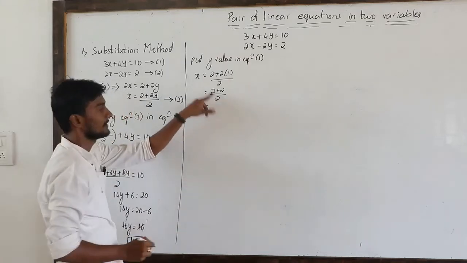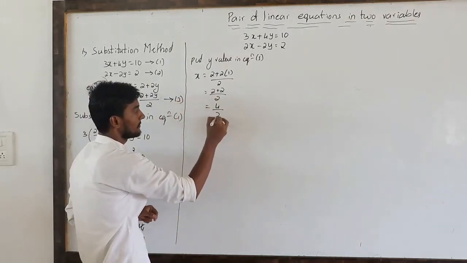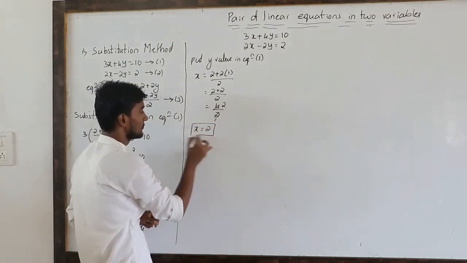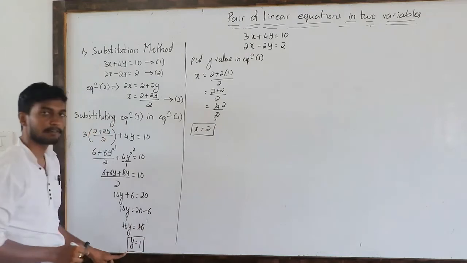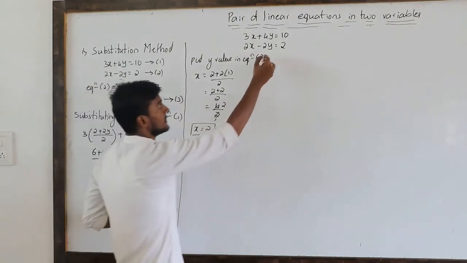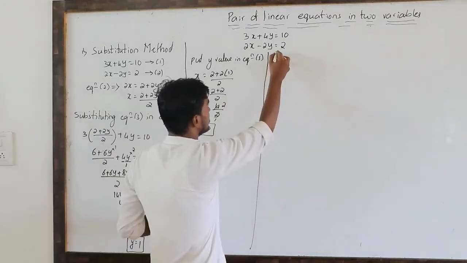Don't cancel it here directly, first you have to add. 2 plus 2 is 4 divided by 2. 2 twos are 4, 2 ones are 2. X is equal to 2. The value of x is 2. The value of y is 1. This is the substitution method.